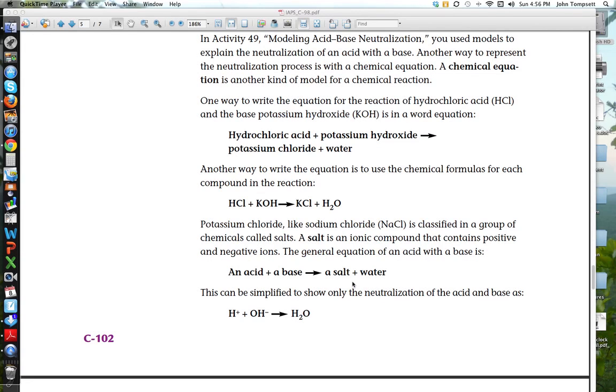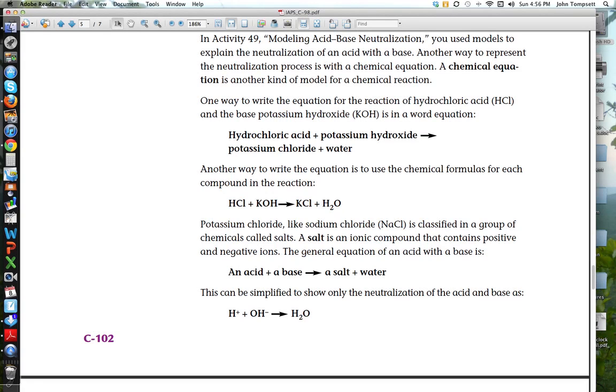The general equation of an acid with a base is, we take this acid plus a base, and we get a salt and water, just like there was up here. Now it's just as they're saying, the general equation.